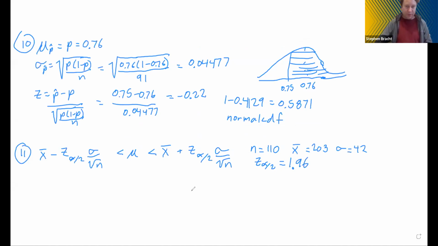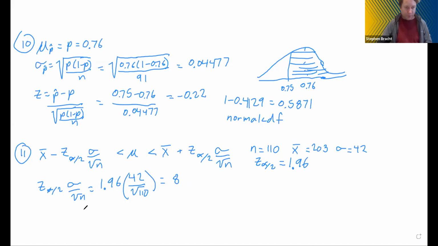Okay, so now I'll calculate the margin of error. The margin of error is z alpha over 2 times sigma over the square root of n, and this equals 1.96 times 42 over the square root of 110. And I'll just round this to a whole number. That's equal to 8.